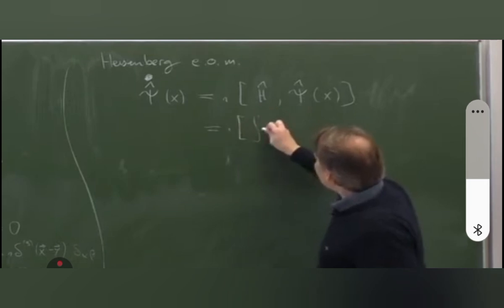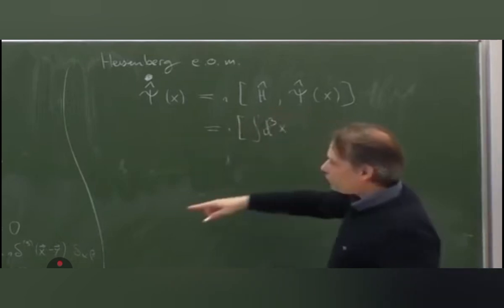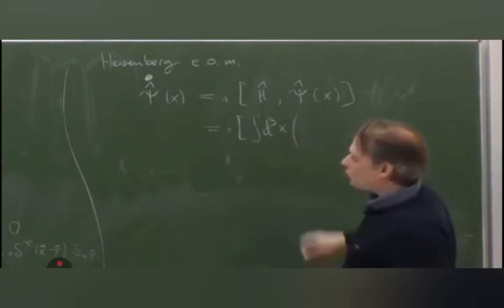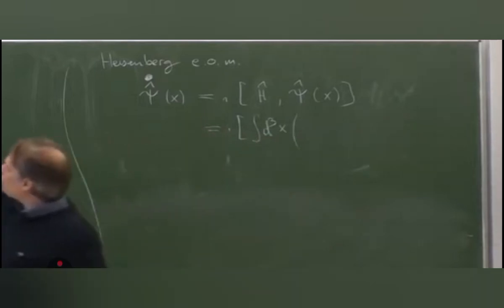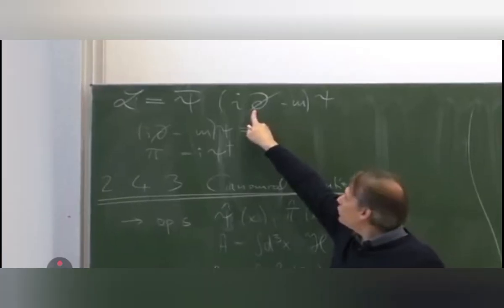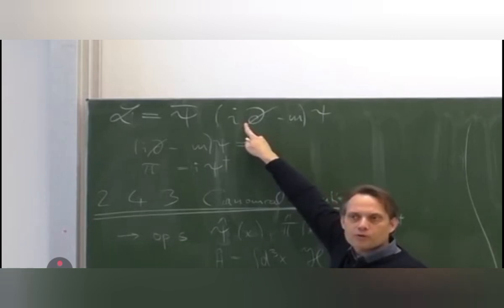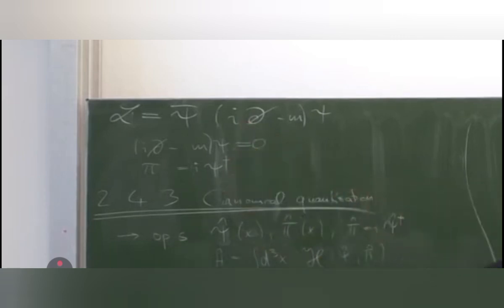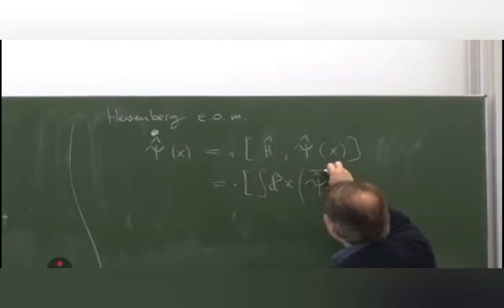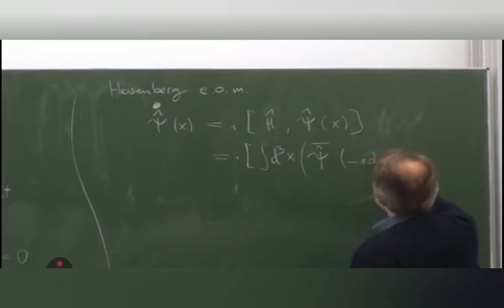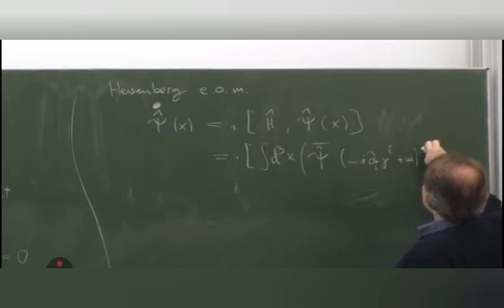Here is a d3x integral over the Hamiltonian density, and the Hamiltonian density was essentially minus the Lagrangian, except that the time component here has dropped out. So it's minus the Lagrangian without the time component. So it's this psi bar, then minus i gamma i d_i plus m psi hat.